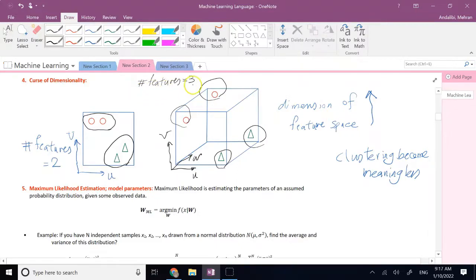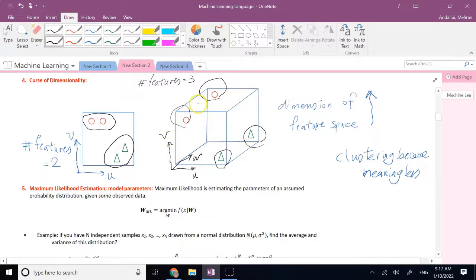So as the number of features goes up, there is a better chance that each one of your data can be in one corner of this hypercube and become a cluster of its own. Okay, and why would that happen? Because as long as you look at U and V, these two circles are very similar in terms of magnitudes of U and V. But when another factor comes in like W, now you're increasing the chance that for W, the two circles have a different value.